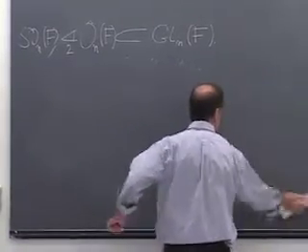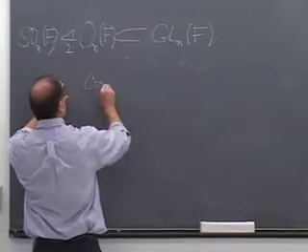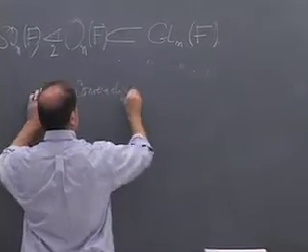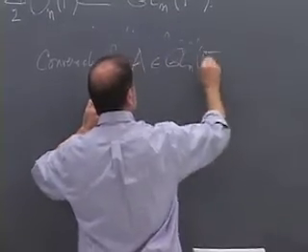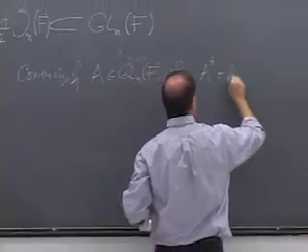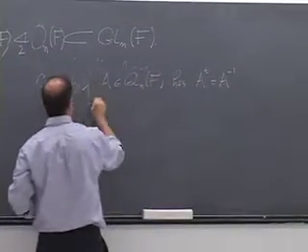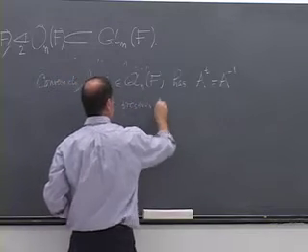Let's check that. That's a little tricky. If A in GL_n(F) has A transpose equal to A inverse, then it preserves the inner product.